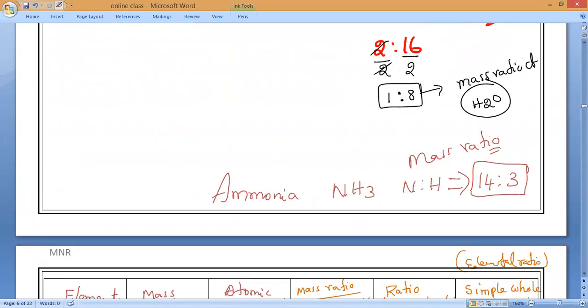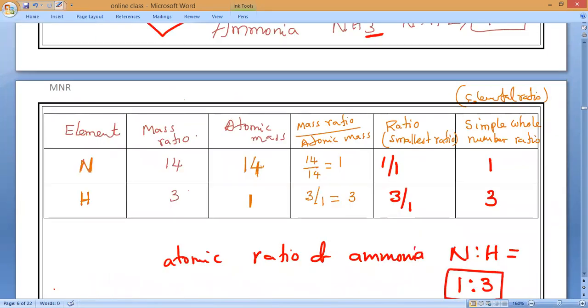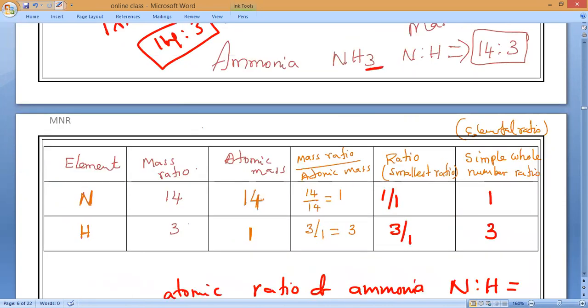Mass ratio will come like this. Nitrogen is 1, so 1 into 14U. Next, hydrogens are 3, so 3 into 1U, which is 14:3. It is not possible to divide by any number, so this itself is the mass ratio, the smallest number. I think I already taught you this at the beginning. Yes or no?